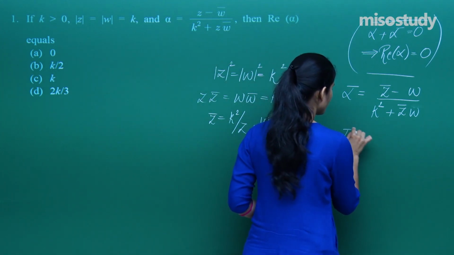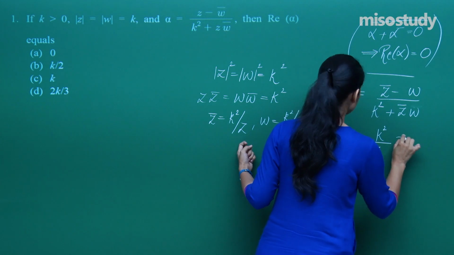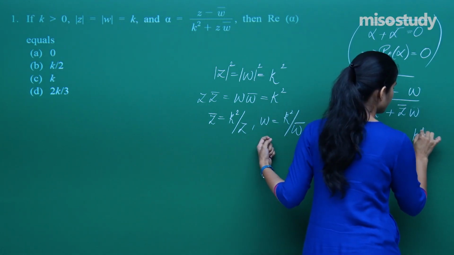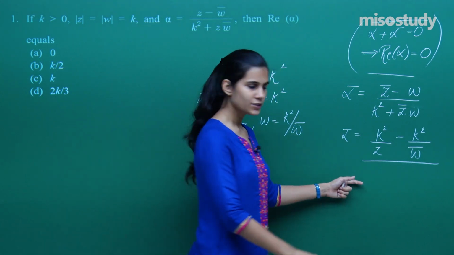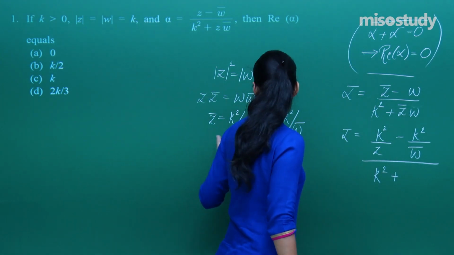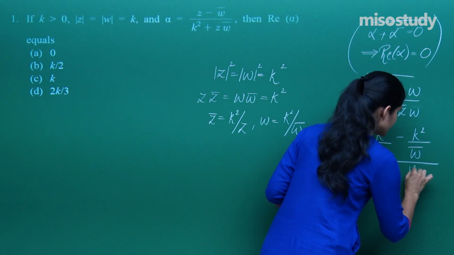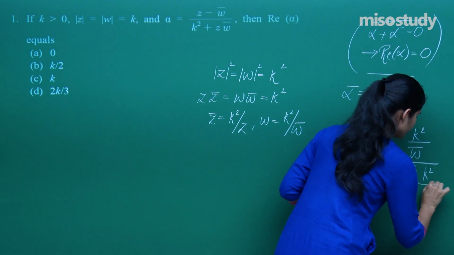So here if you incorporate those values, Z bar is K square by Z, W is K square by W bar, whole upon K square plus Z bar into W. So Z bar is K square by Z and W is K square by W bar.